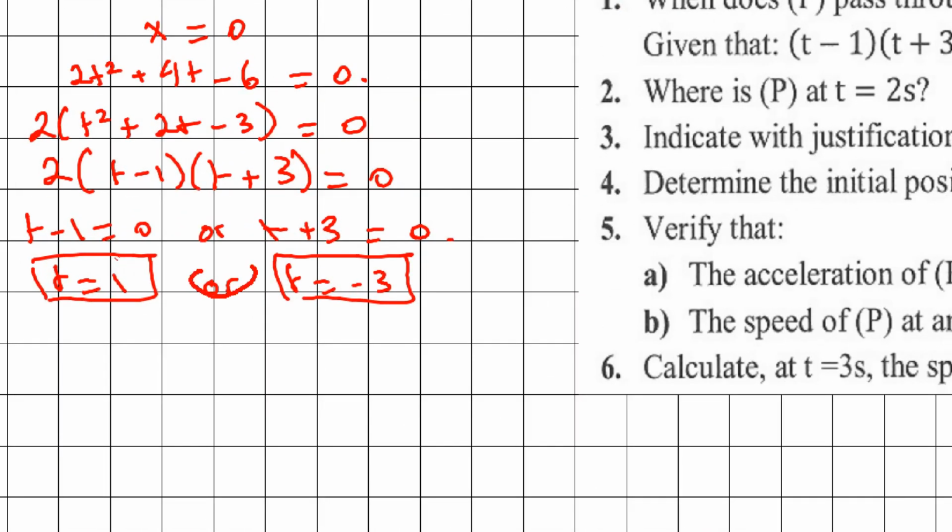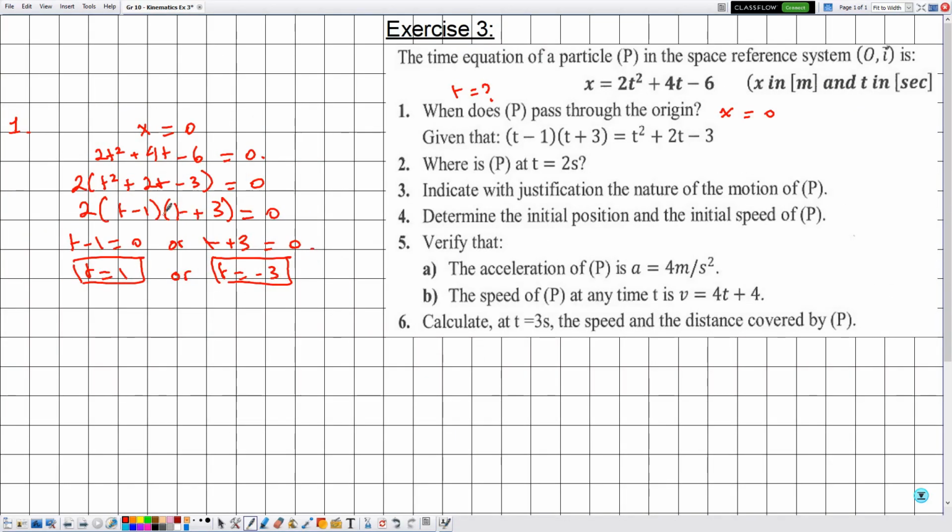Why "or"? Because the product is equal to 0, so it is sufficient that the first factor is equal to 0, or the second factor is equal to 0. Now notice that here, sorry, I didn't include any unit. Let me include the units. So the solutions are t is equal to 1 second, or t is equal to minus 3 seconds.